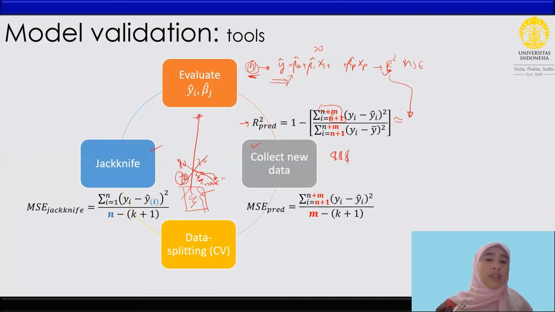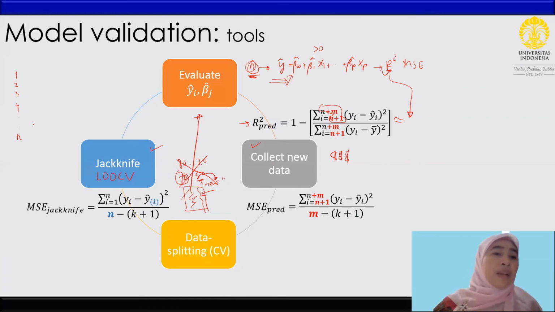The jackknife is also known as leave-one-out cross validation, which means that if we have n data points, 1, 2, 3, 4, up to n, then each time we fit the model we leave out one data point, and after the model is fitted, we predict the data point that was left out using the fitted model.